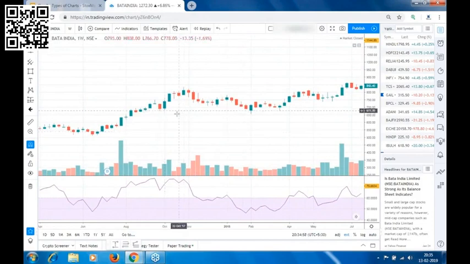Now see, this is a Dragonfly Doji, but this is forming at the top, so this has no importance to us. A Dragonfly Doji should be formed at the bottom of a chart.